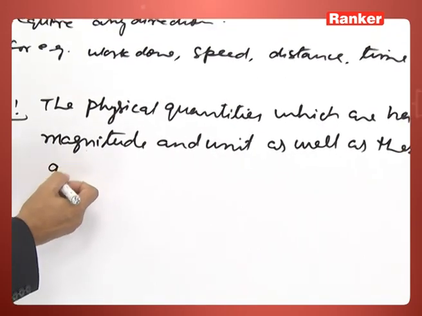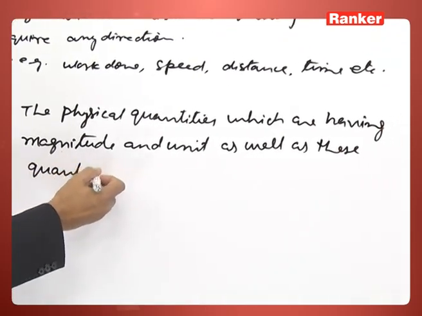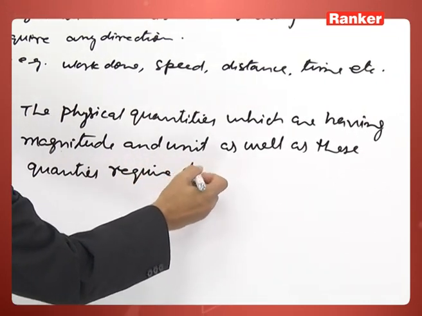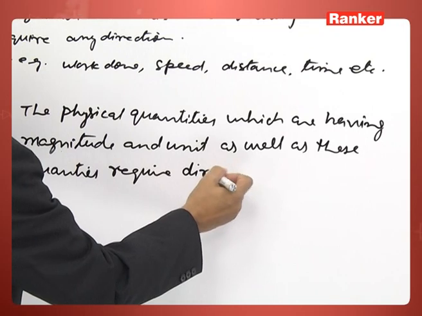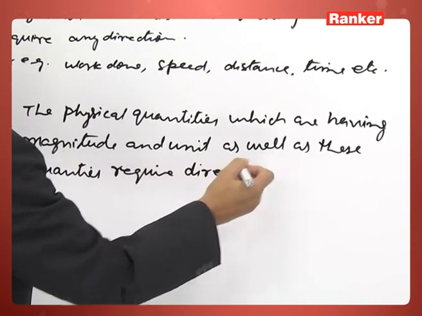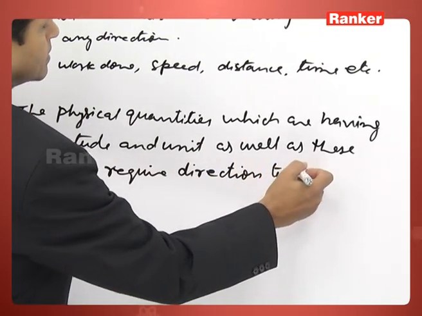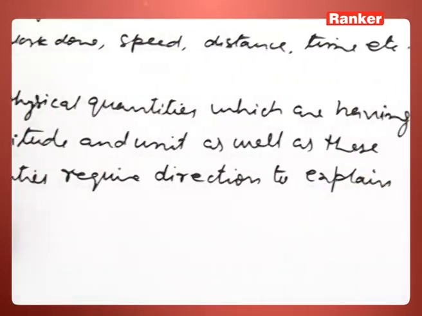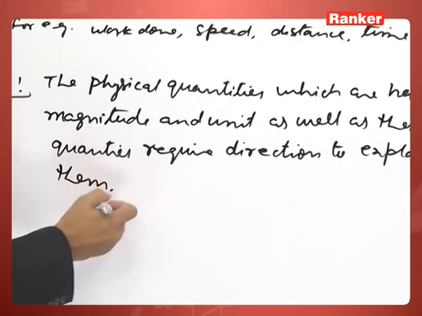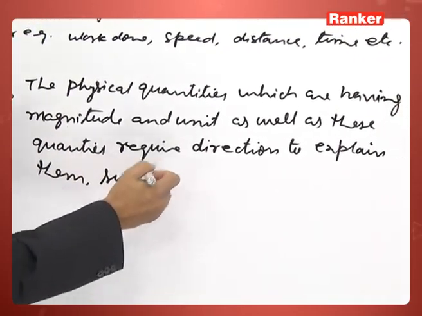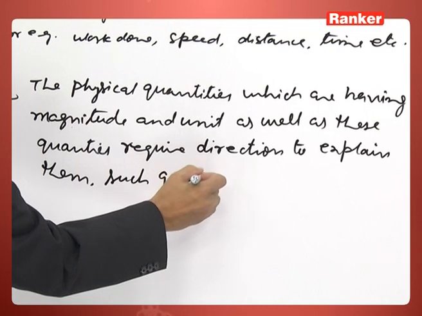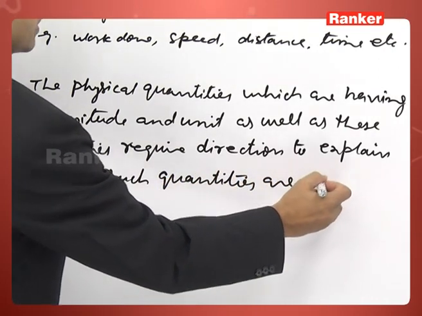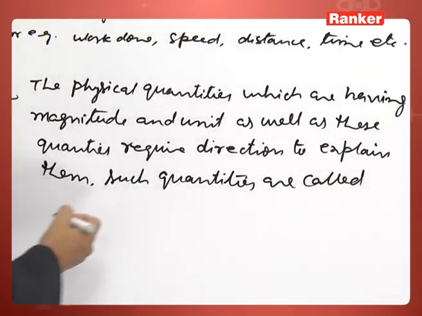These quantities require direction to explain them. Such quantities are called vector quantities.